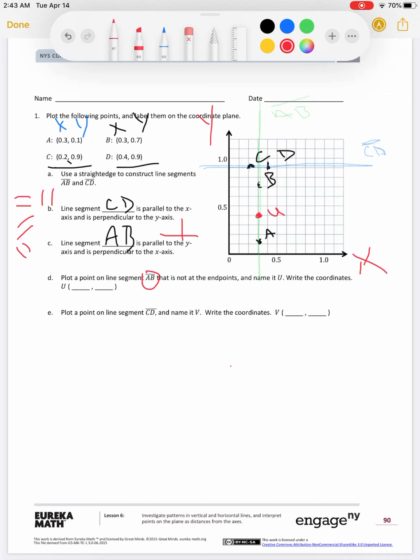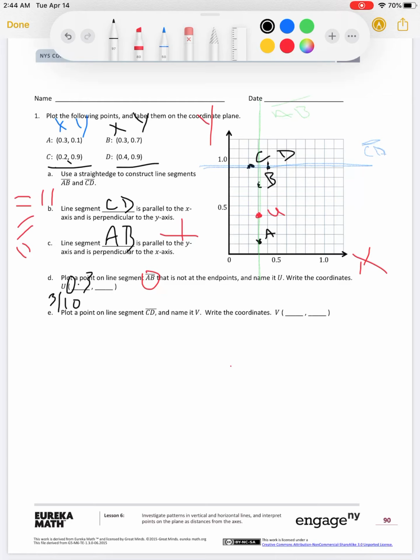Okay. Now they want us to provide them with the coordinates for U. So let's look and see if we can gather our coordinates. On the x-axis, U sits on the 1/10, 2/10. It looks like U sits on 3/10. So I'll go ahead and write in 3/10. I can do 0.3, or we can write in fractions, 3/10.